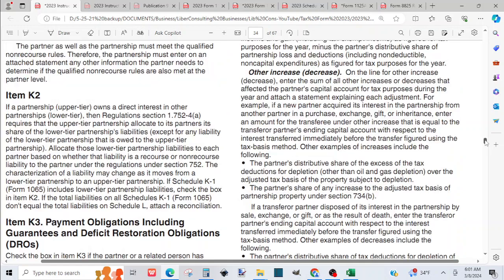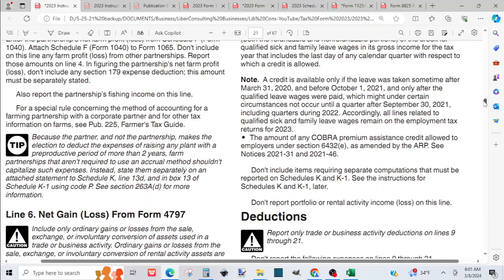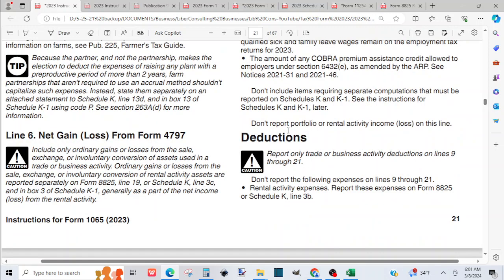Brace yourself. I'm going to go a little bit up here. Include only ordinary gain or loss from the sales, exchange, or involuntary conversion of assets used in a trade or business. That portion will go on page 1.